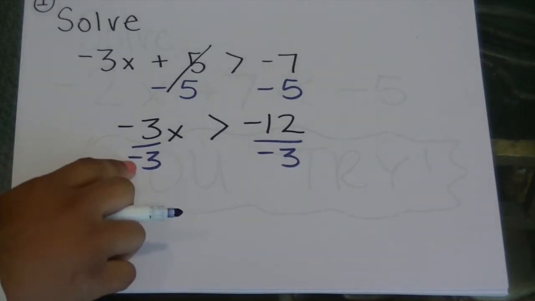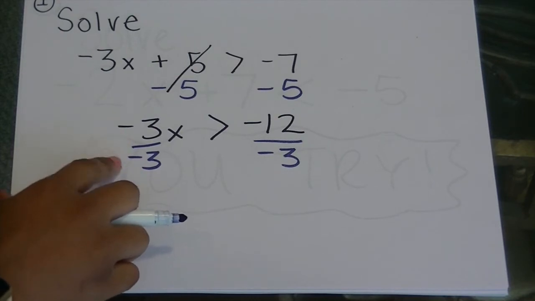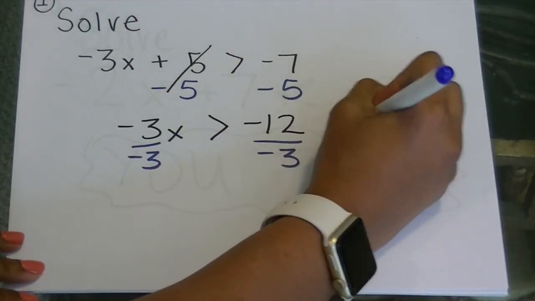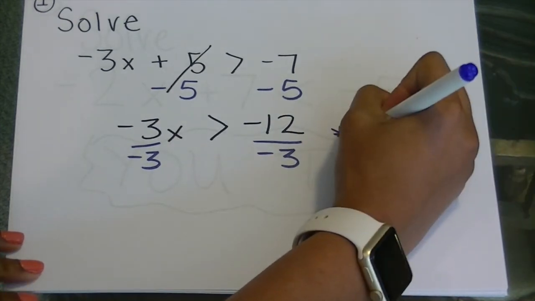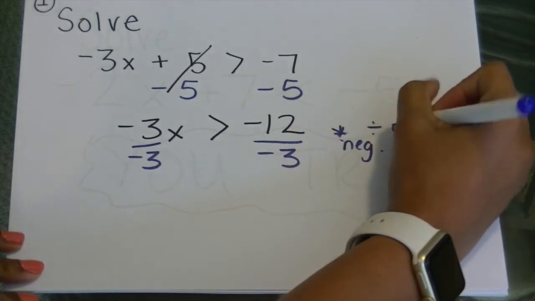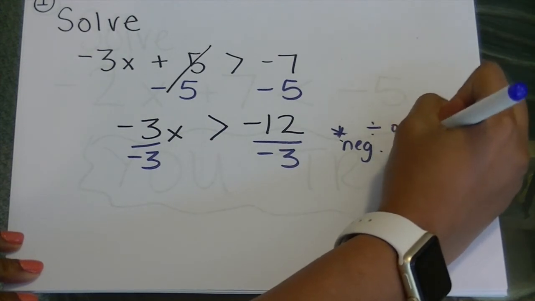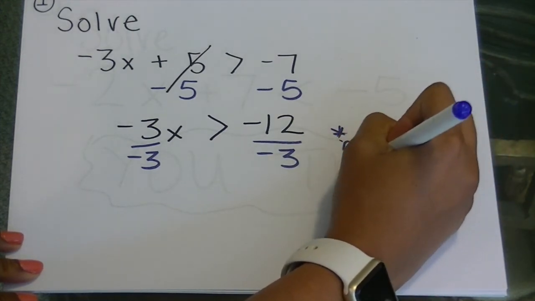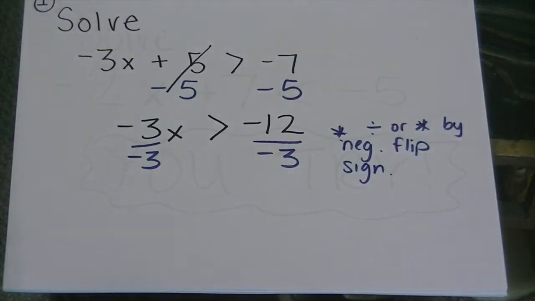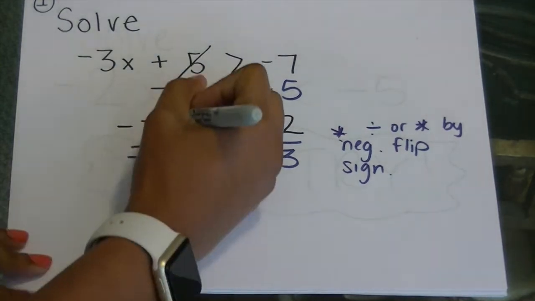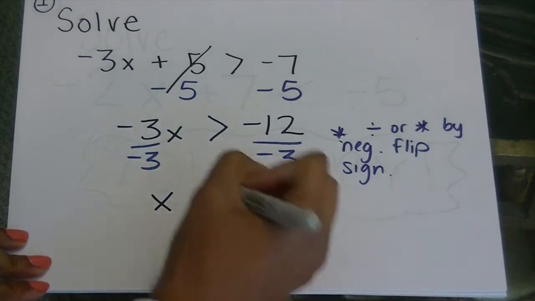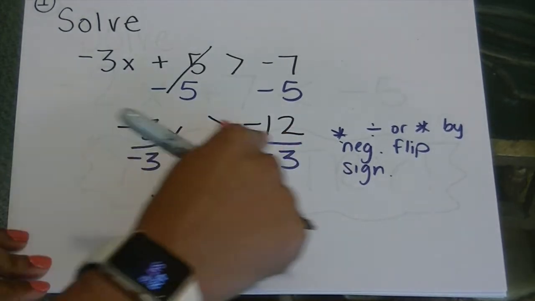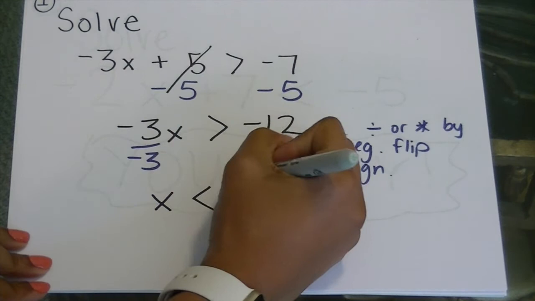Whenever you divide or multiply both sides by a negative, you must flip the sign. Only when you're dividing or multiplying by a negative do you have to do this. Otherwise, your sign is going to stay the same. So I'm just left with x, and my sign is going to flip because I divided by that negative, and 4.